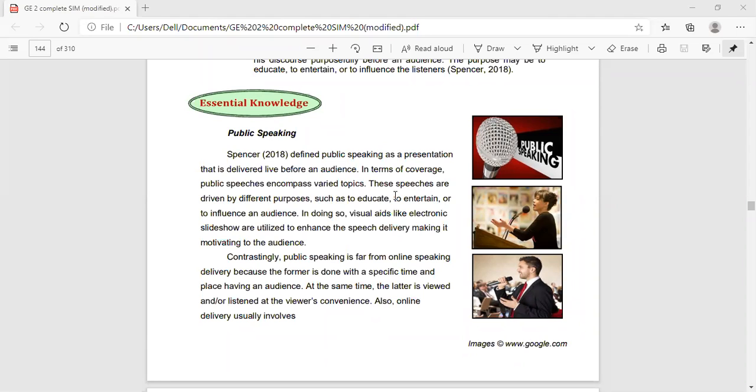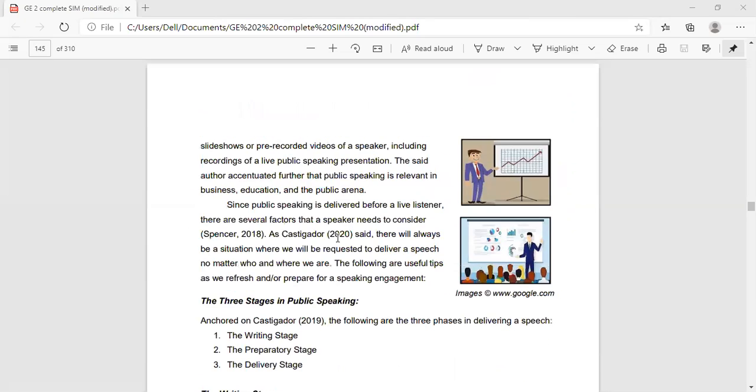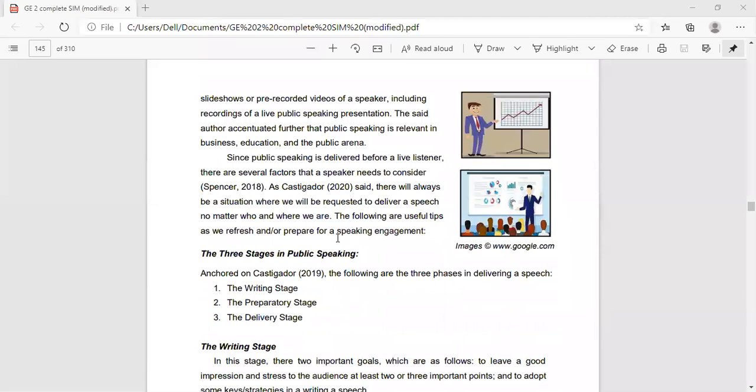At the same time, the latter, which is online speaking, is viewed or listened to at the viewer's convenience, like online YouTube videos. Also, online delivery usually involves slideshows or pre-recorded videos of a speaker, including recordings of a live public speaking presentation.